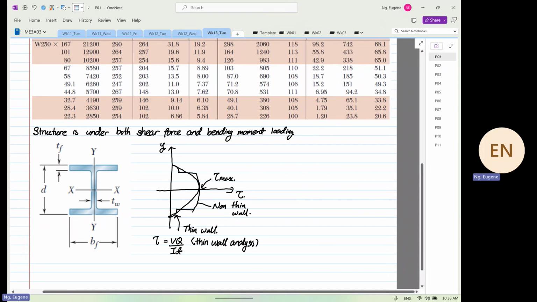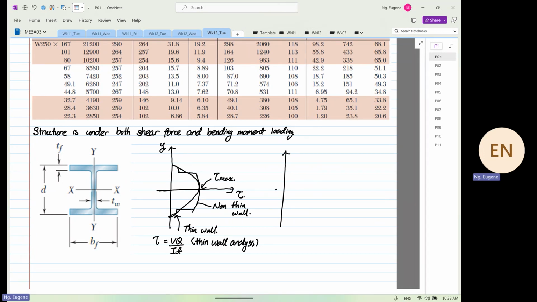And we also are aware that the loading is also induced by bending moment. Okay. And I have to shift this slightly. So this is normal stress. This is your Y. And we are going to get a distribution looking like this.